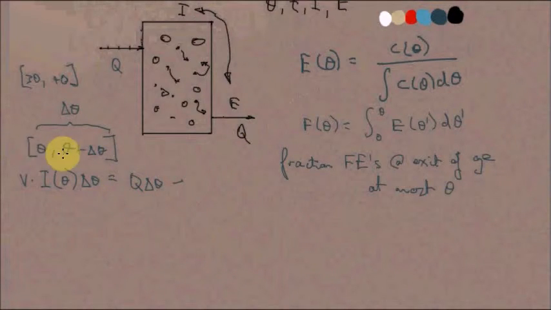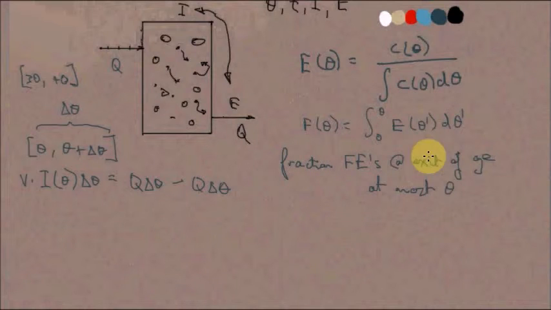Right, so there's a group theta to theta plus delta theta, and we lost fluid elements from this original group. So we know this was the total amount in the group originally. If nothing had exited over time, then this would be the volume that would be there. But we've lost a certain fraction of that.